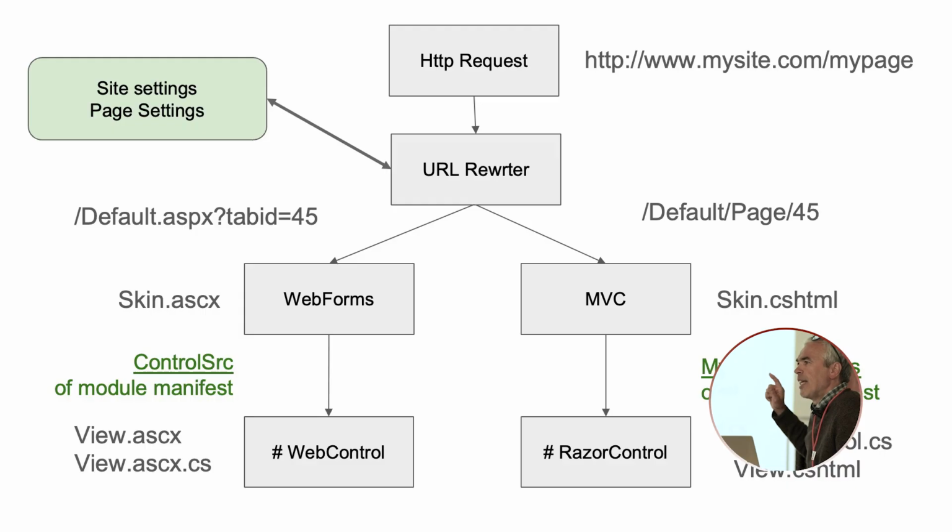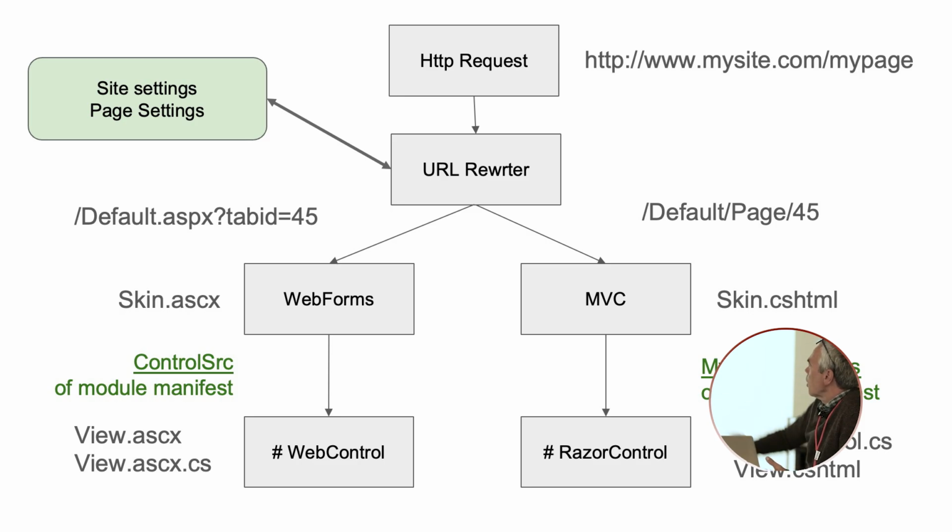In the .dnn file of your module, there is a new entry with the name MVC control class that needs to be set to make your module compatible with the MVC pipeline. In web forms, it was control source, and now there is a second one for the MVC pipeline.